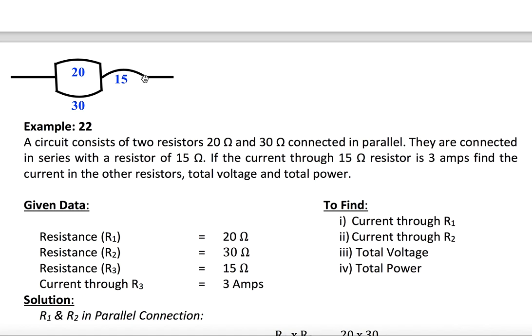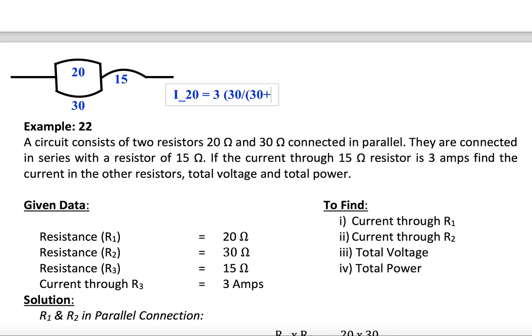If this is 3 ampere, that is the total current, right? Then the current flowing through the 20 ohm is how much? Current flowing through the 20 ohm is I underscore 20, equal to total current 3 ampere into opposite arm resistance 30 divided by total resistance, 30 plus 20.